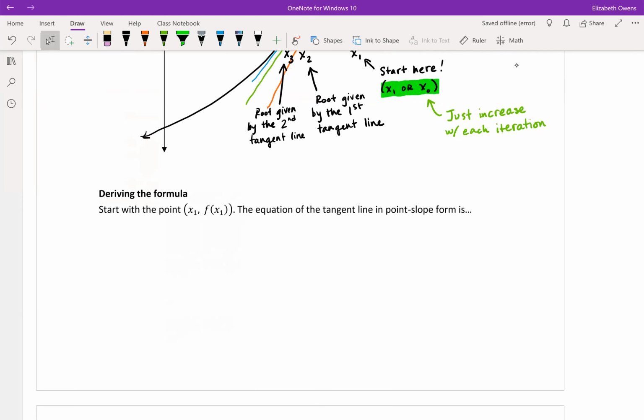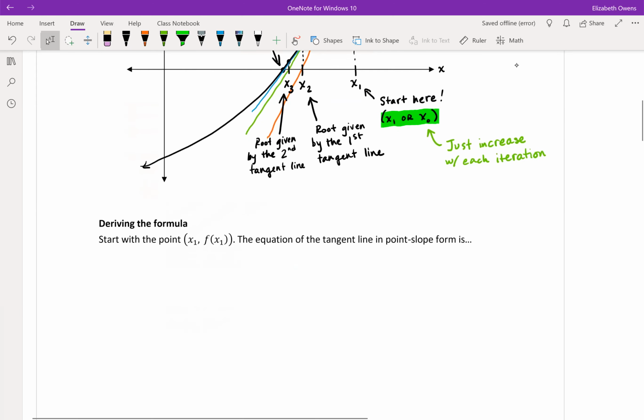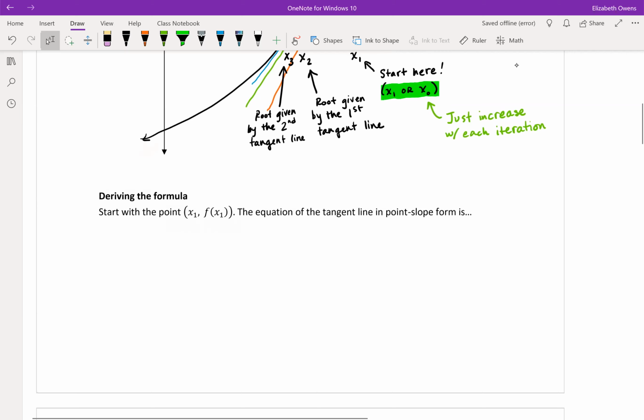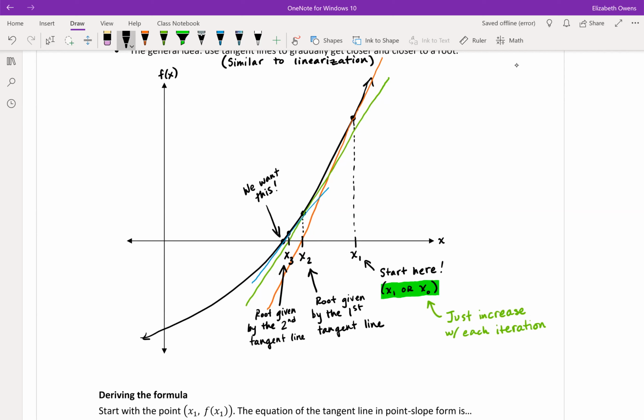So we are going to create an equation of a tangent line in this formula derivation, because you can see we're going to need quite a few tangent lines to do this process. We're going to start with our initial guess, the point x1 comma f of x1, and create that first tangent line, the one shown in orange up here.